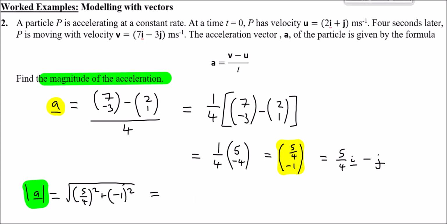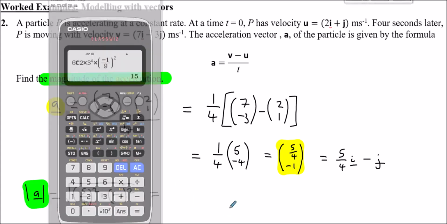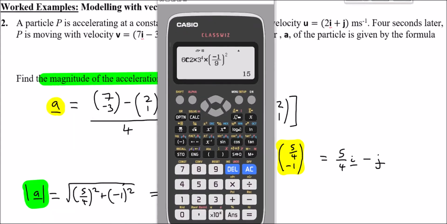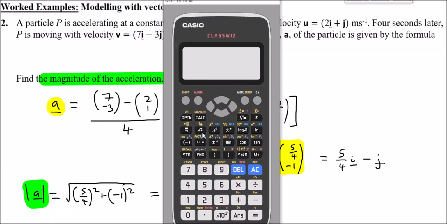So if we get our calculator ready, we're going to do the square root of 5 quarters squared plus minus 1 squared, which will just turn out to be 1, but you can type it in exactly as it is on the calculator if you prefer.